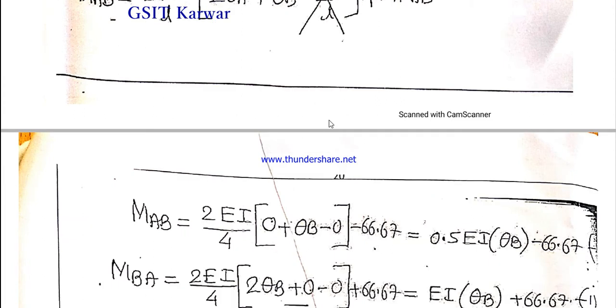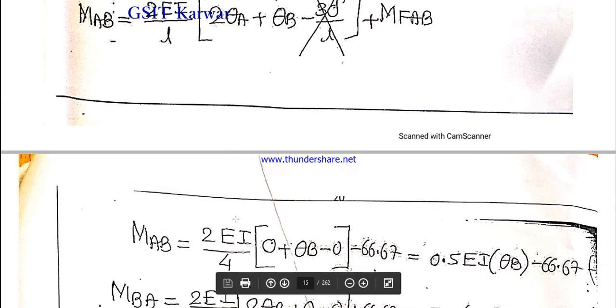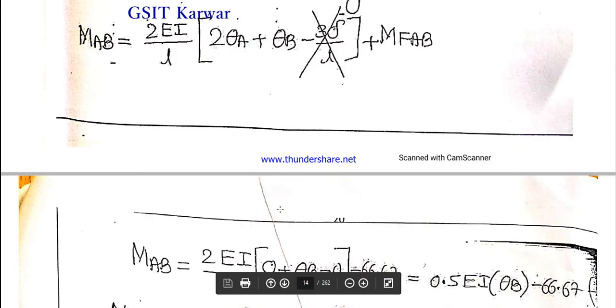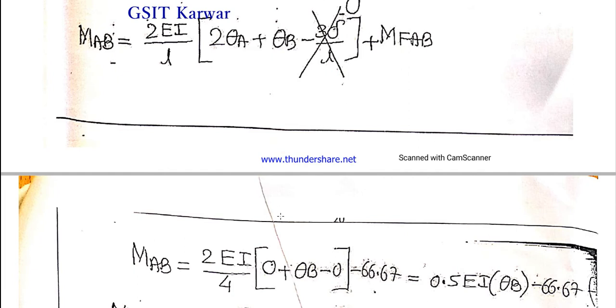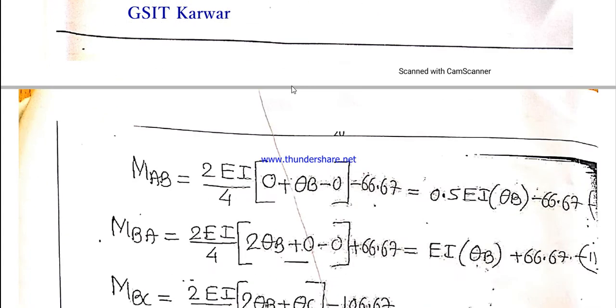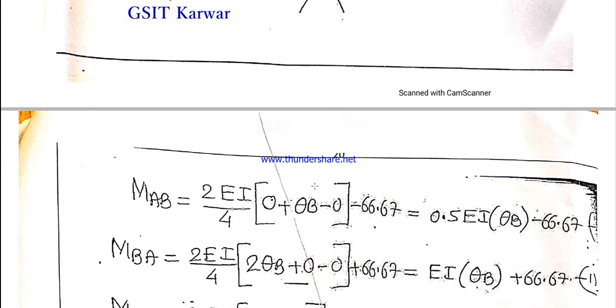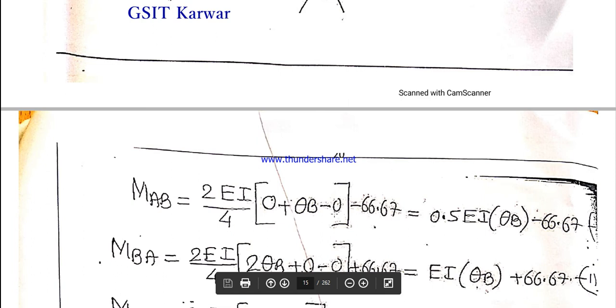Next, for moment AB, this is the continuation part: 2EI by 4. Theta A we already decided, for the fixed end support theta is equal to 0, so theta A and theta D are equal to 0. So theta A equal to 0 means this full term is 0, so 0 plus theta B remains, and minus 0.